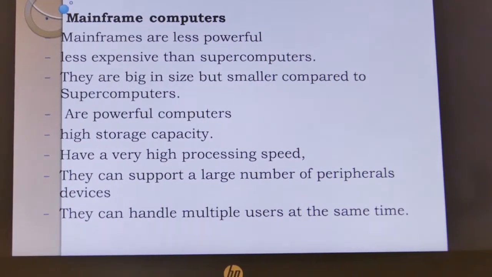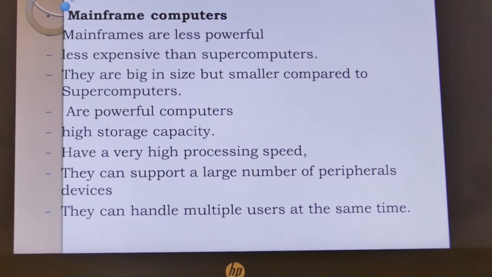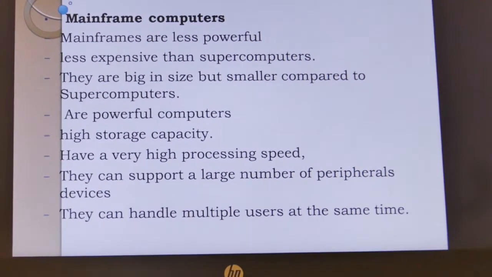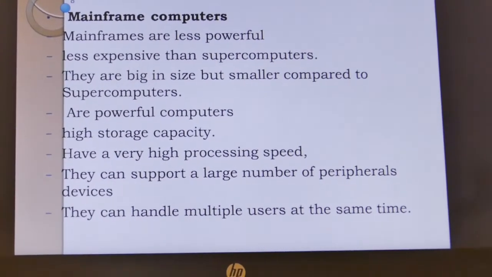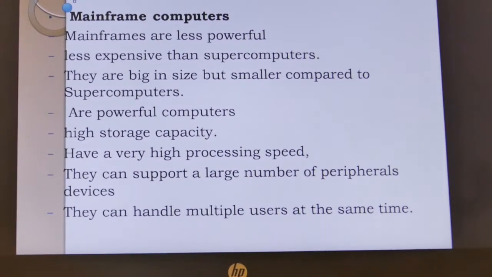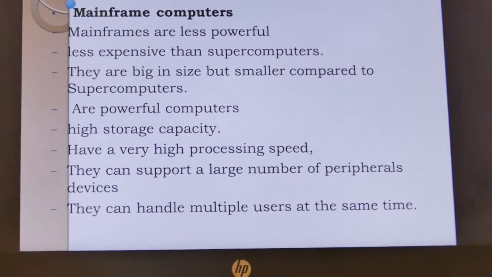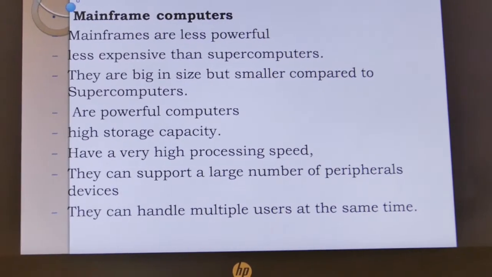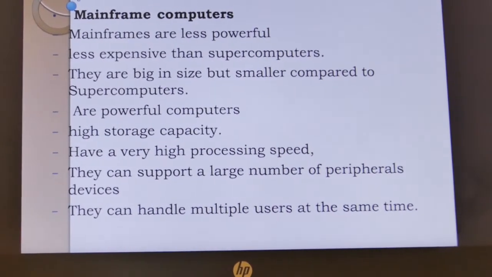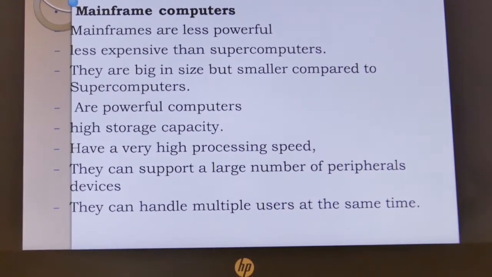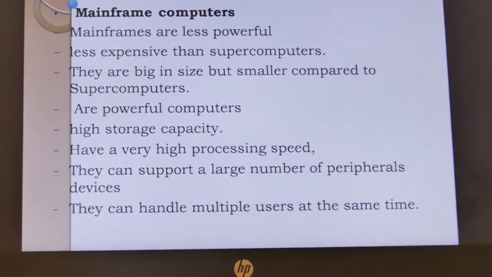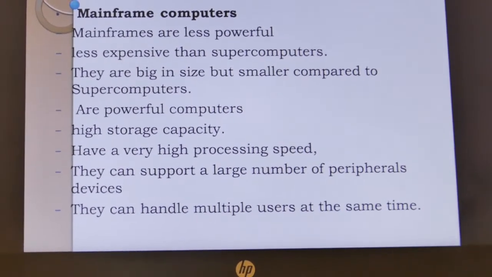Number 2, under physical size, mainframe computers. These are less powerful, and they are less expensive. They are big in size, but smaller compared to supercomputers. They are powerful.